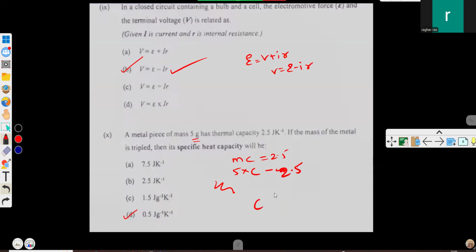So C equals 2.5 divided by 5, and that would be 0.5. The answer is this.